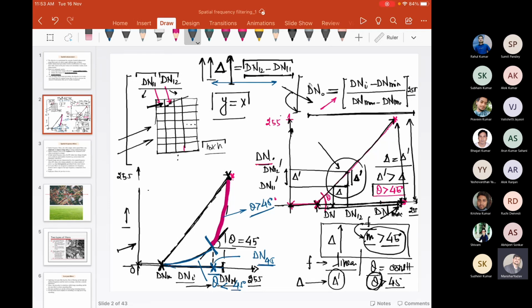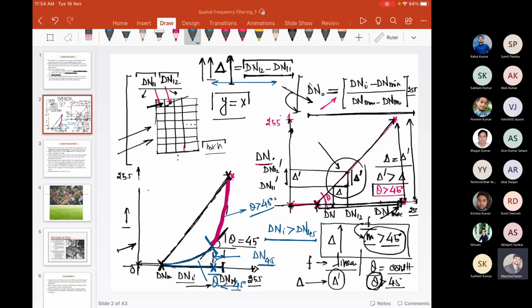In this case, the lighter part of the image will be enhanced. If you consider the lighter part of the image, obviously for that case, the DN number is high. If we consider DN input greater than DN45, we say this is the lighter part of the image because we have large DN values, so you will assign the lighter shade of gray towards white.